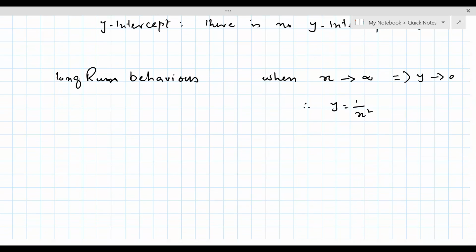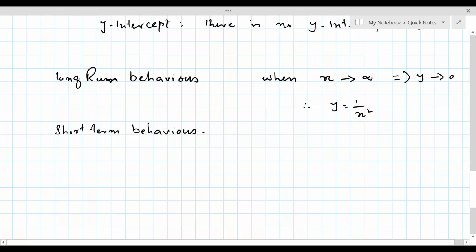And short-run behavior is when x is very small.